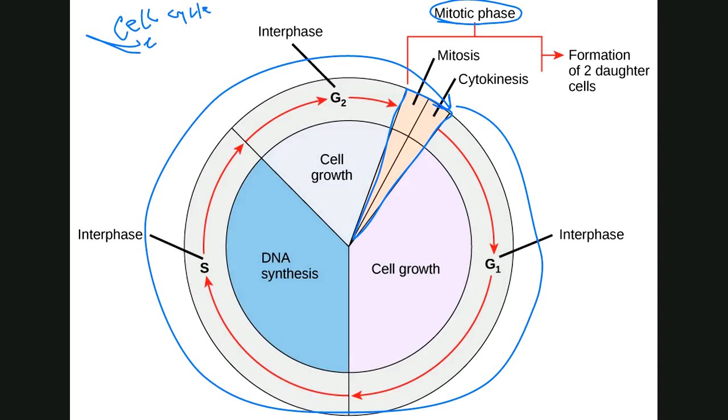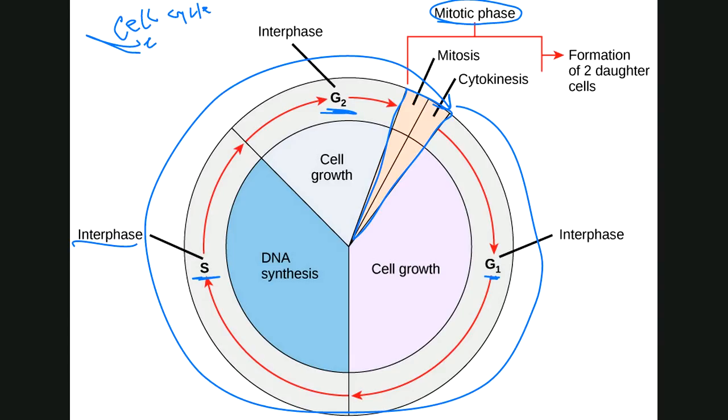All of the rest of the cell cycle besides mitosis, besides the cell division, is called interphase. So interphase includes G1, it includes S phase, and it also includes G2 phase. Now in interphase, the first portion, G1, is G for growth or gap.